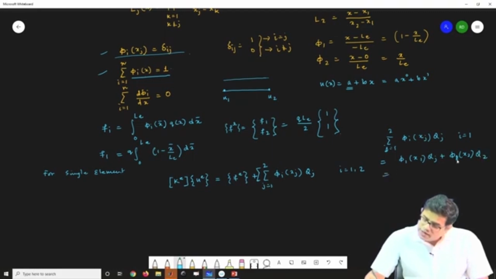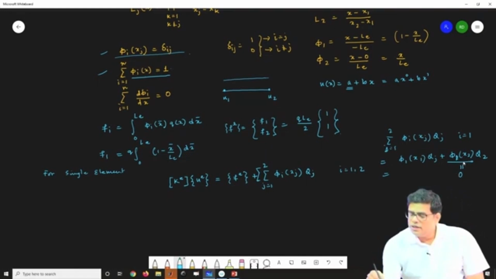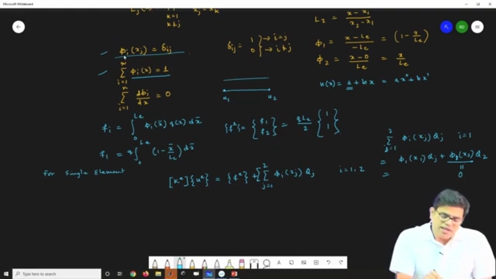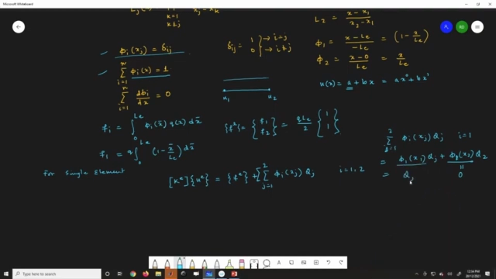Now if you see, this quantity will always be 0 because of the interpolation property, because phi I of xj satisfies the Kronecker delta property. And this quantity will be 1, so this will be qj always, or rather q1 here.